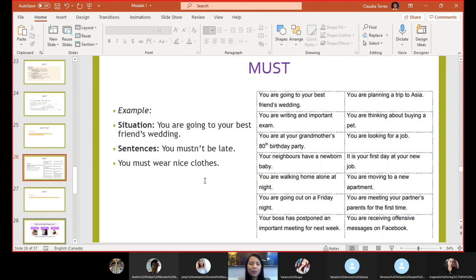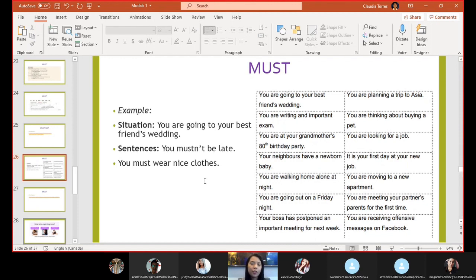You can say you mustn't be late, right? Because your friend is going to get mad at you. Or you can also say that you must wear nice clothes, right? So here you are using must to give strong advice.